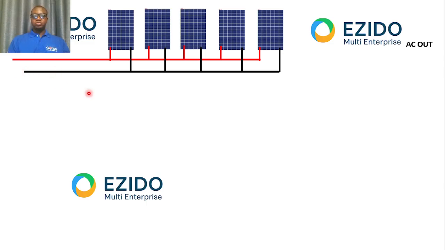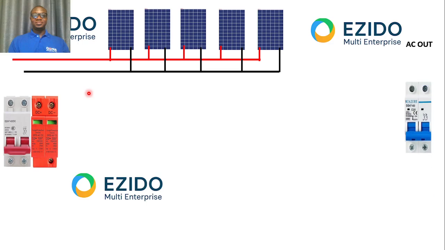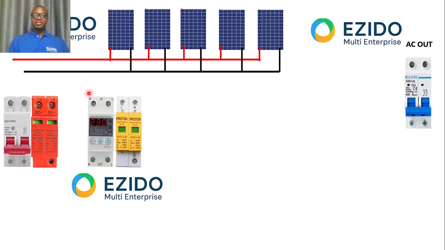The next thing you do is to install your breakers. After you install your breakers, you connect the positive of the solar panel to the DC breaker. Any terminal can serve as positive.